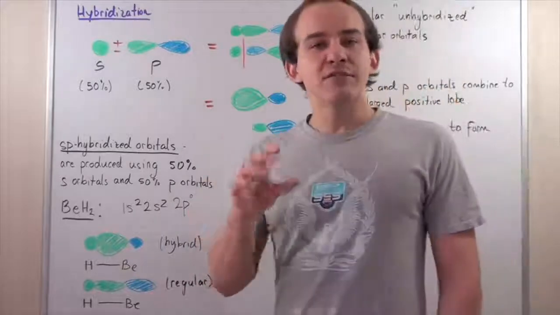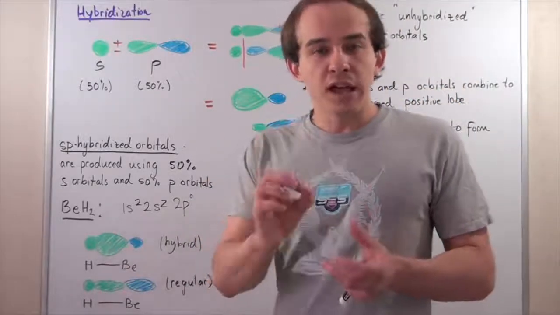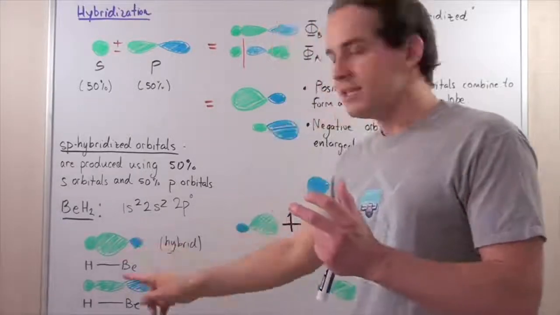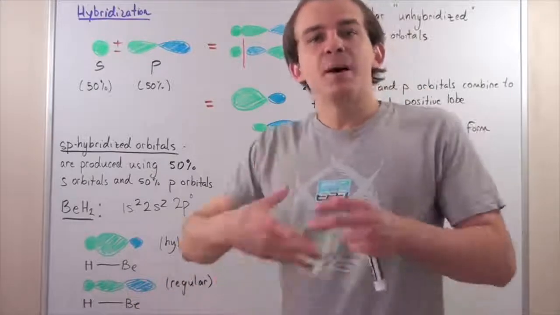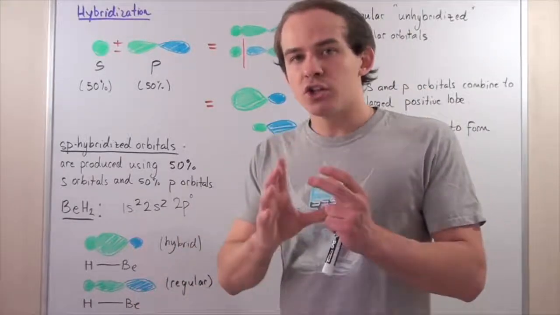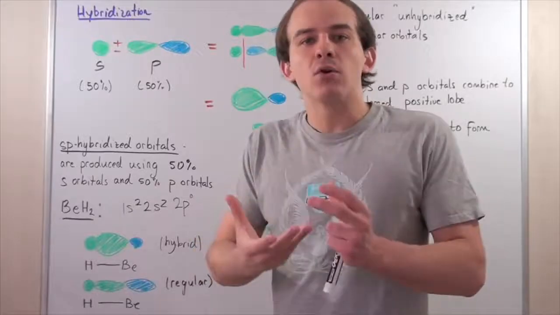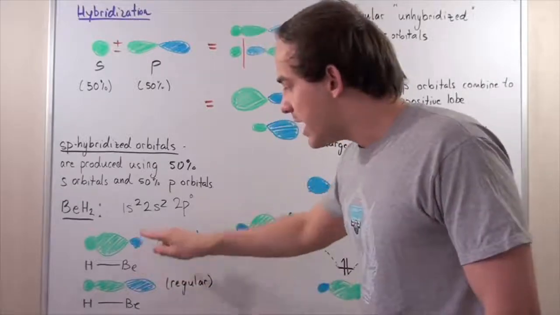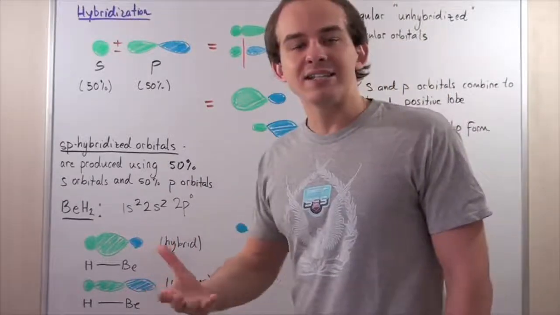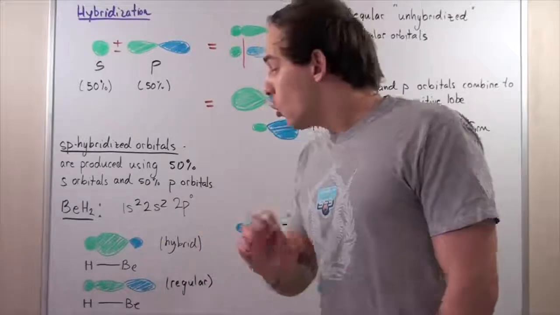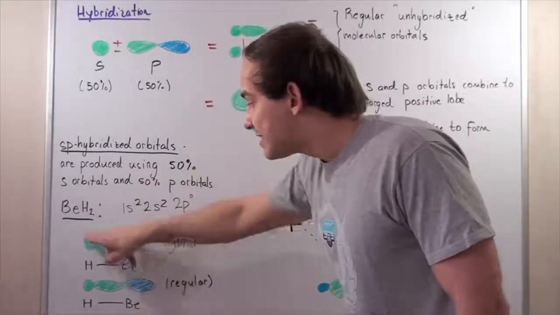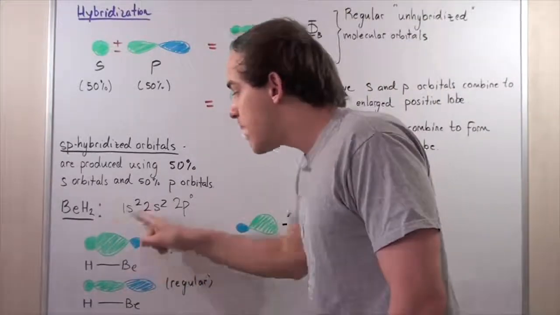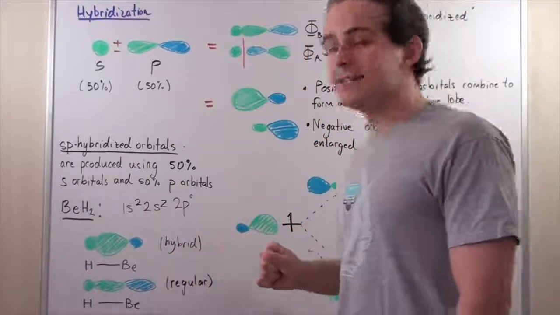Recall that covalent bonds are formed by the overlap of atomic orbitals, as we see here. And we know that the better the overlap, the larger the lobes, the more stable our compound is, the more stable our bond is. So in which situation do we have a more stabilized overlap, a larger overlap? Well, clearly, this case has a much bigger lobe, and that means the interaction will be much better in this hybridized interaction.